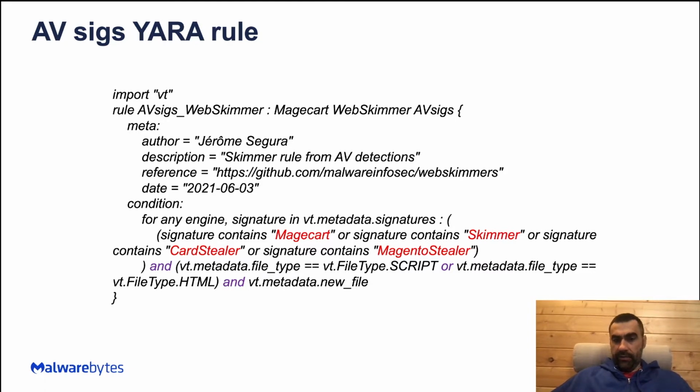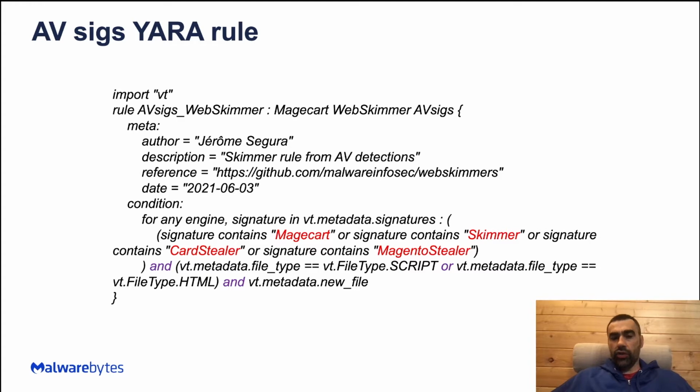I've highlighted them in red: Magecart, skimmer, card stealer, Magento stealer. There might be a few more not in this list that some AV products use, but these are the most common that I found. That's part of the actual metadata of the VirusTotal detection for an AV product.